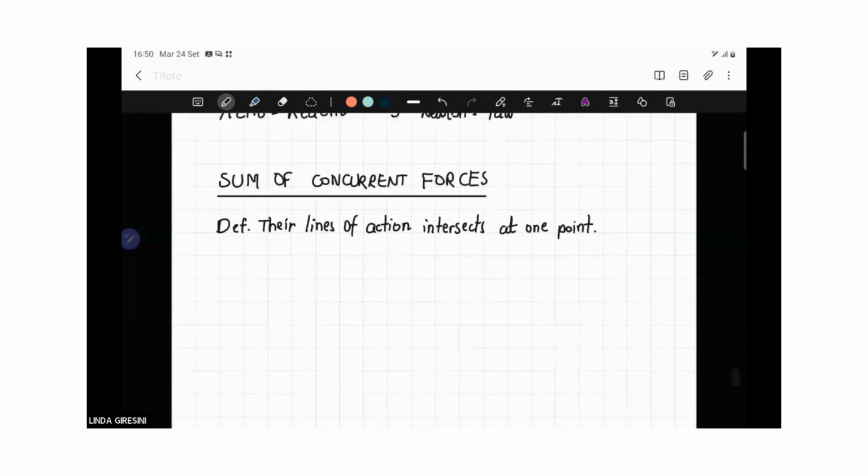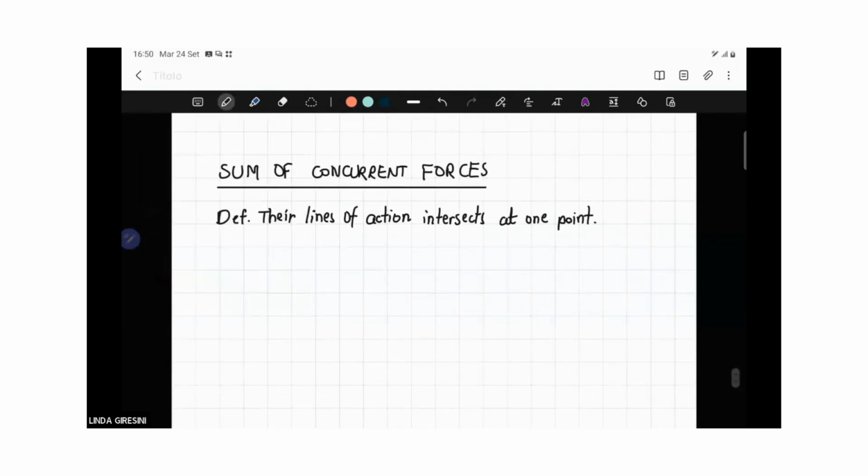Okay? So for example, we have this F1 or P1, F2, and F3. These are three concurrent forces because their lines of action intersect at one point.